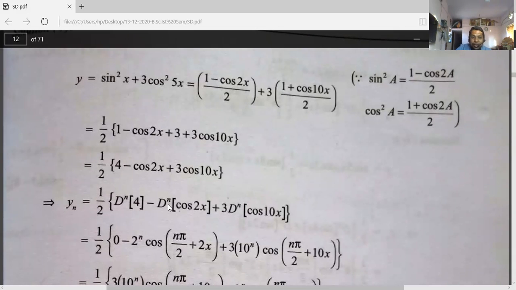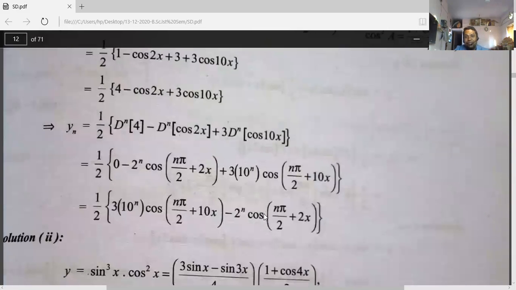Now here you see D to the power n of cos 2x is there. In all the previous cases you got log(ax+b), but here you are getting cos 2x, so you have to apply the cosine formula. Already you know the formula for cos(ax+b) or cos(bx+c). The same you can apply here. Here also cos 10x is there, so the nth derivative of cos 10x we can apply too.